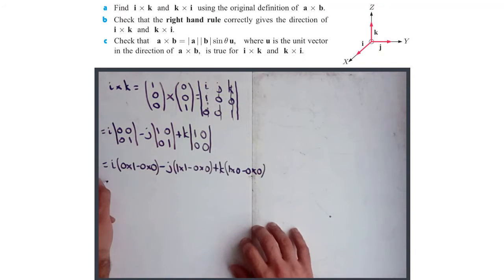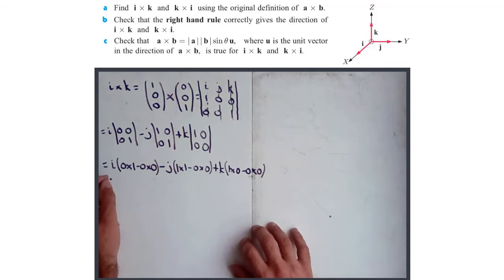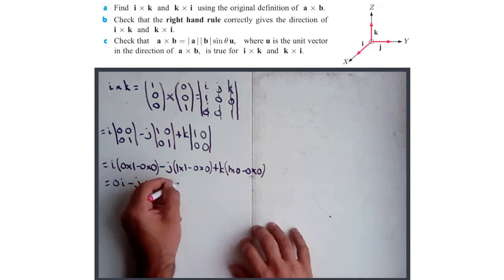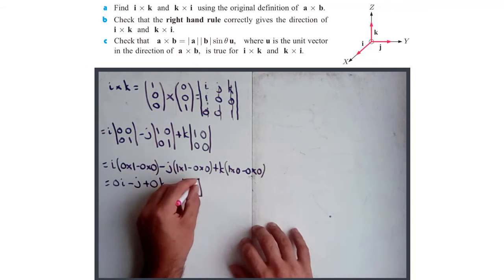Just like that. So that equals no i's, minus 1j, plus no k. So it equals 0i minus j plus 0k. So that just equals minus j. i cross k is minus j.